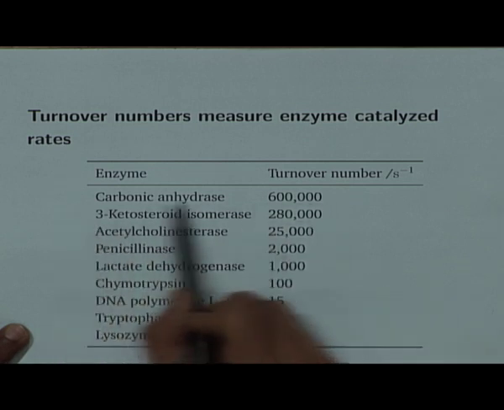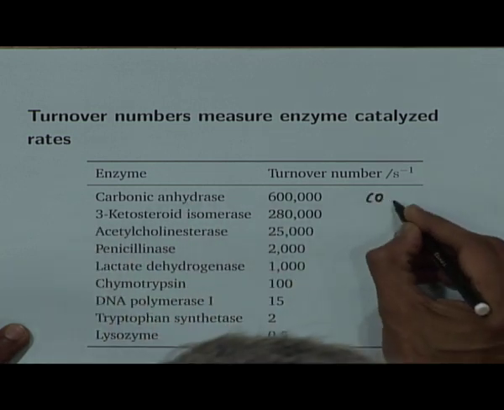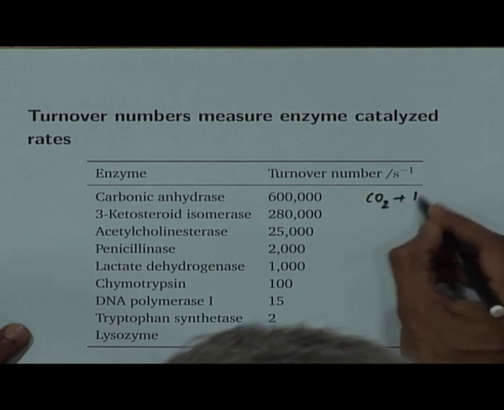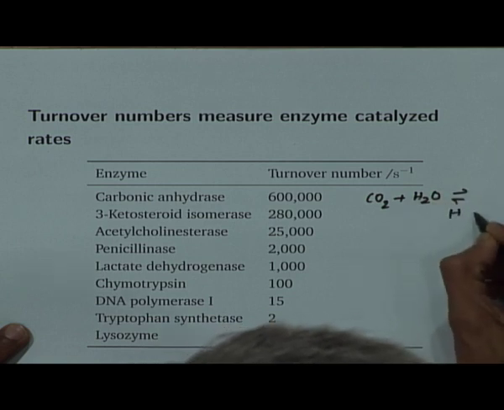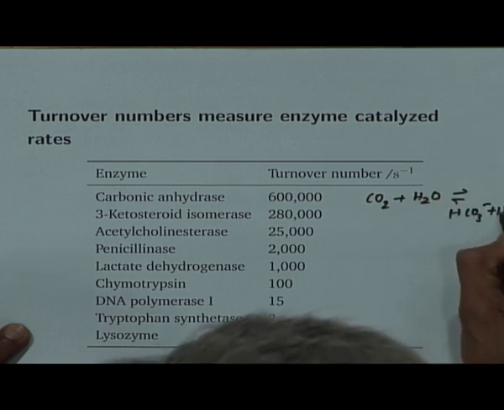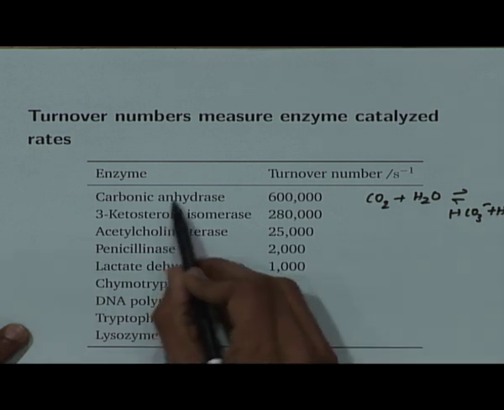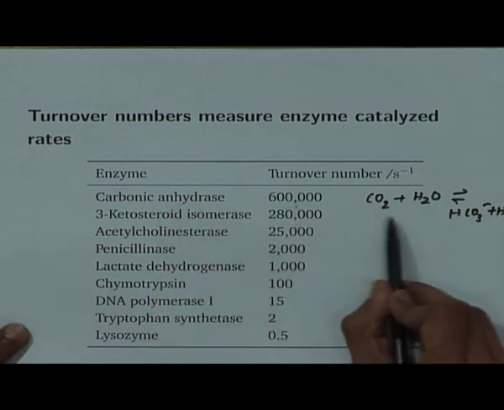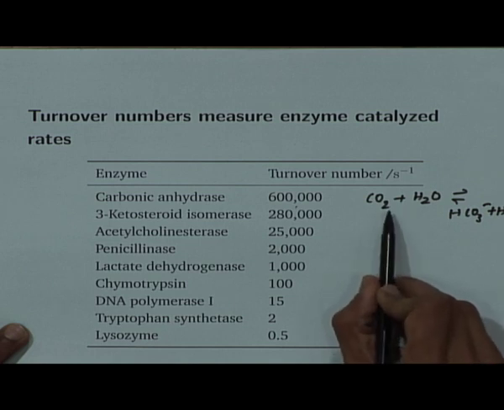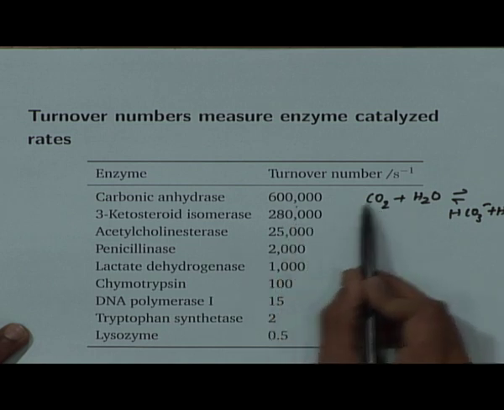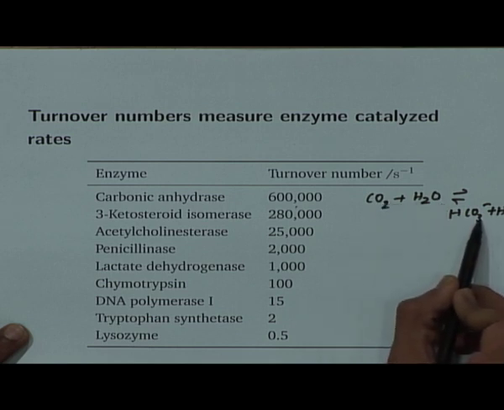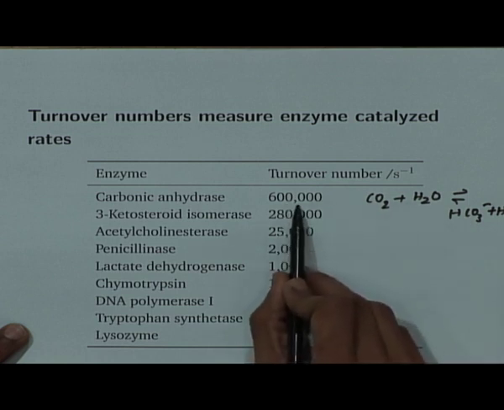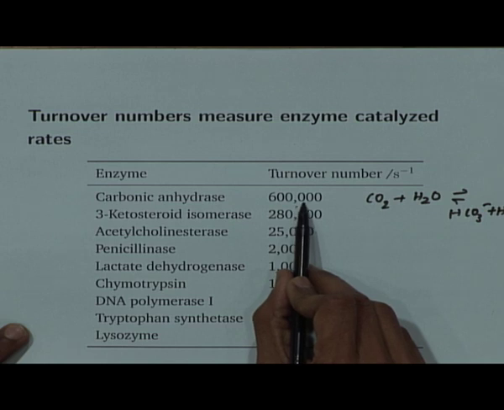This enzyme catalyzes the reaction of carbon dioxide with water to give you bicarbonate, and what this tells you is that per second 600,000 molecules of carbon dioxide and water combine to give you bicarbonate. This is more efficient than any catalyst that a human can synthesize so far.